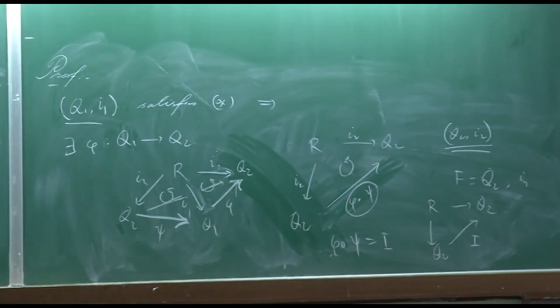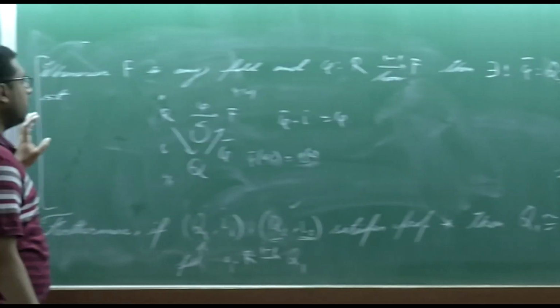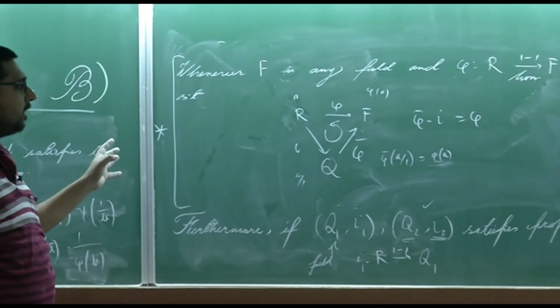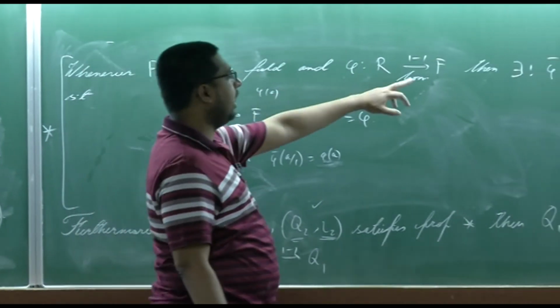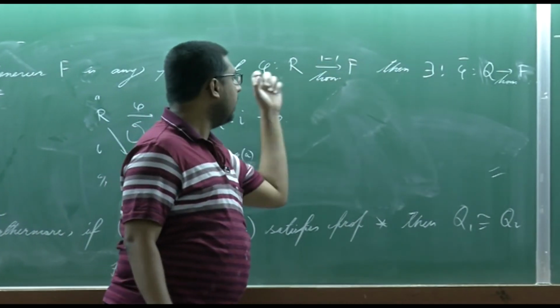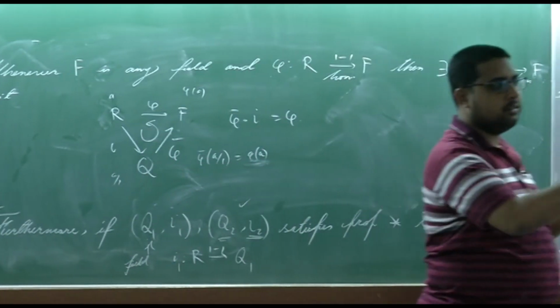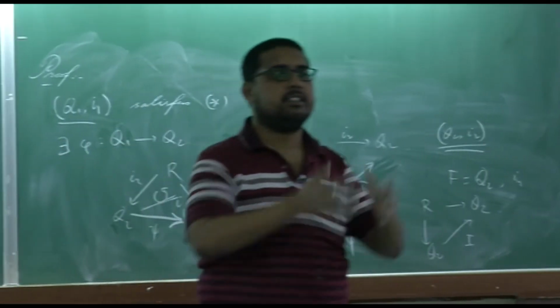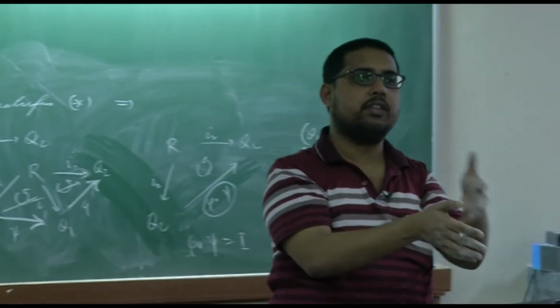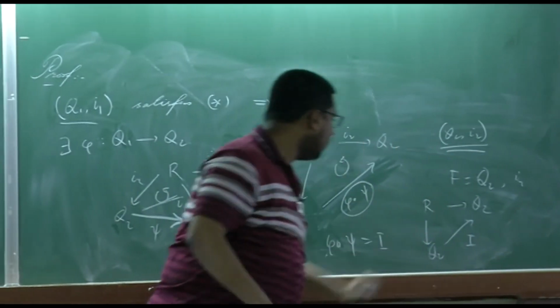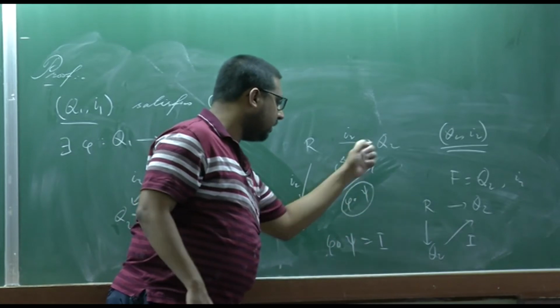Now, on a separate note, since Q2, I2 satisfies property star, if we take F equal to Q2 and the homomorphism to be I2, then we see that identity is the one and only homomorphism that makes this diagram commutative, and earlier we have seen this makes this diagram commutative.